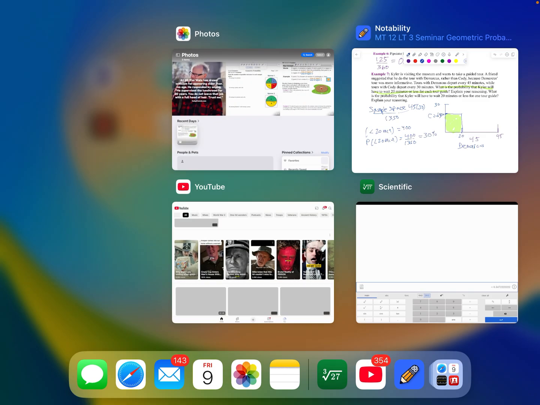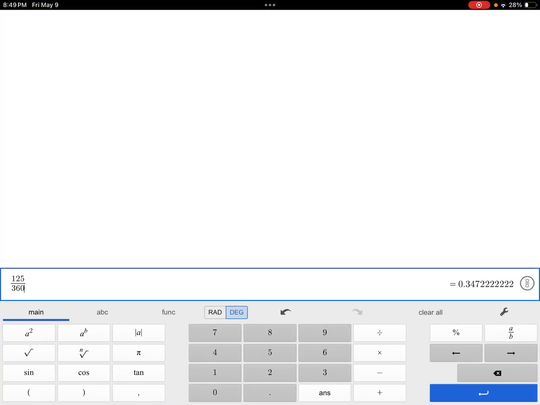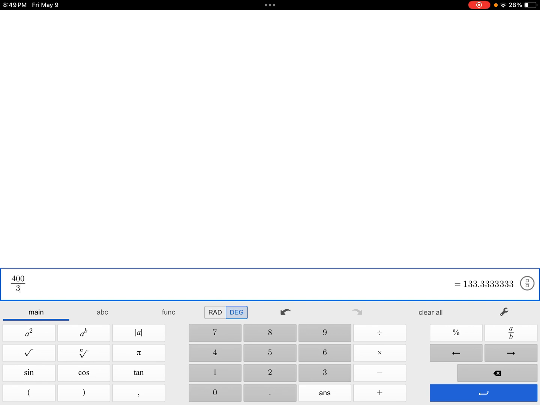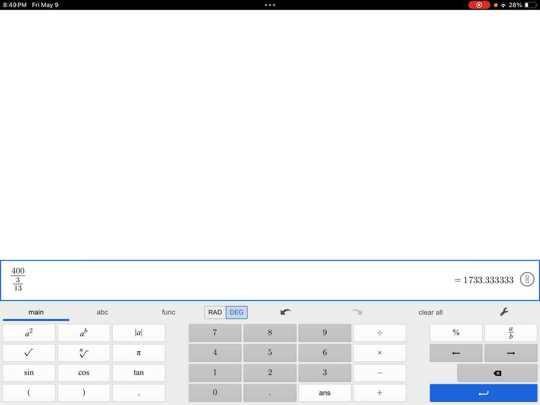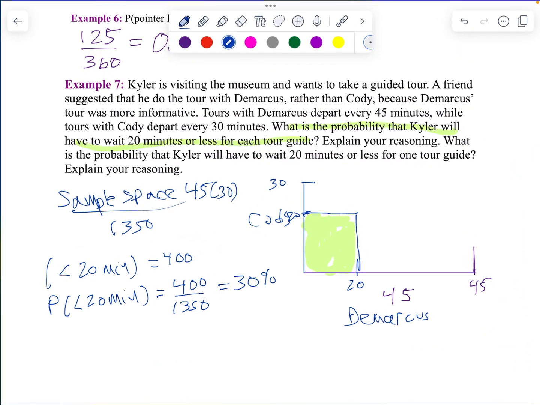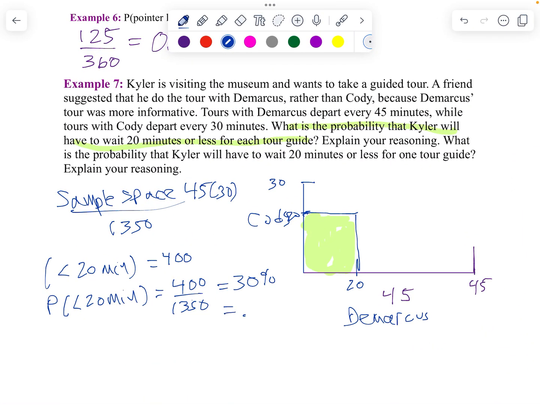Let's leave it at 30%. It's actually 29.6%, 0.296 we'll say, but rounds to 30%.